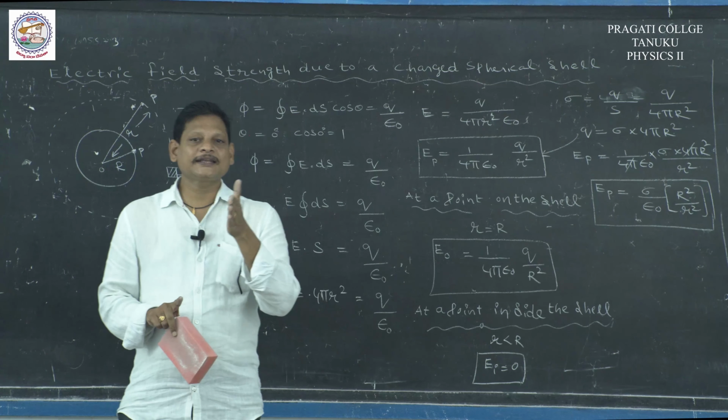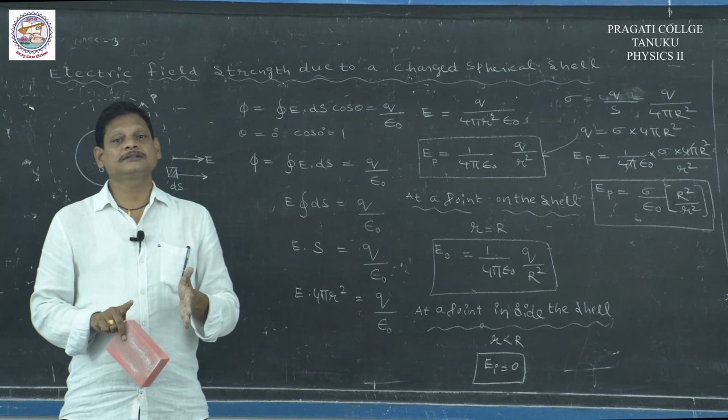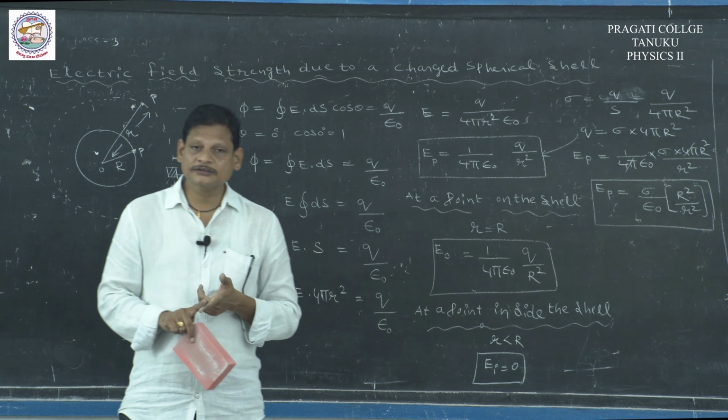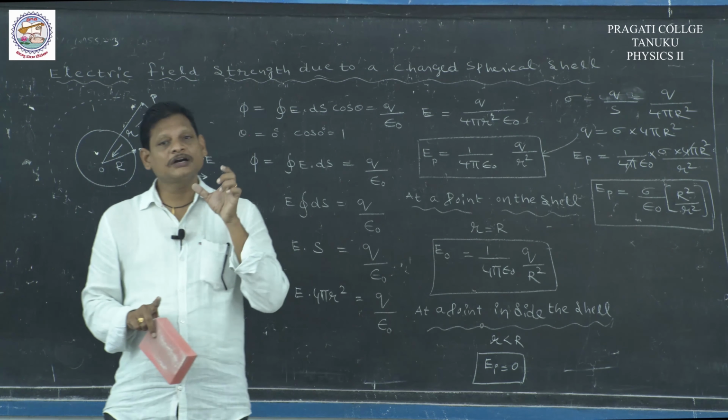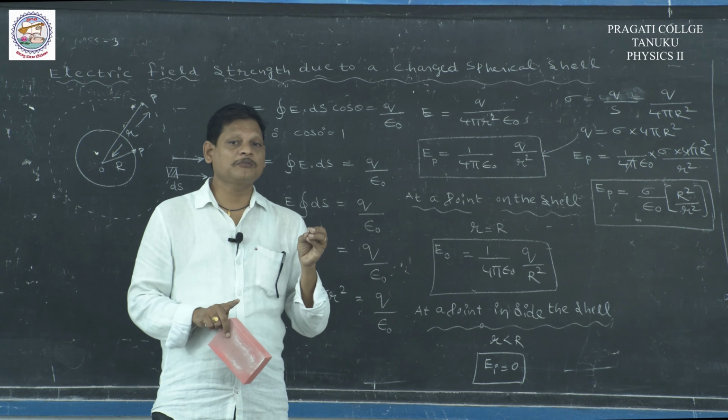And couple acting on an electric dipole in a uniform electric field, it is also one of the 4 marks. And what is Gauss law and its importance? So totally we are having 6 4 marks from this chapter.